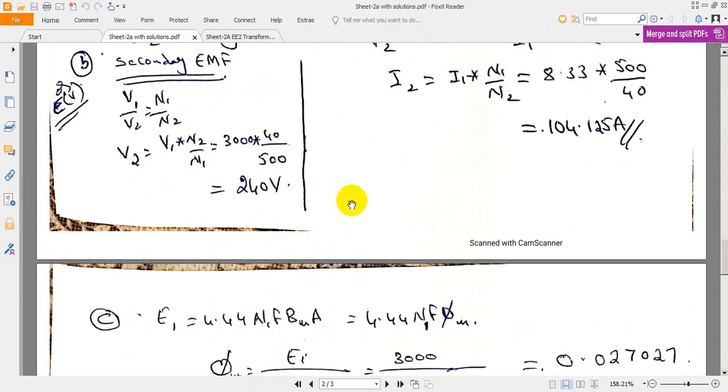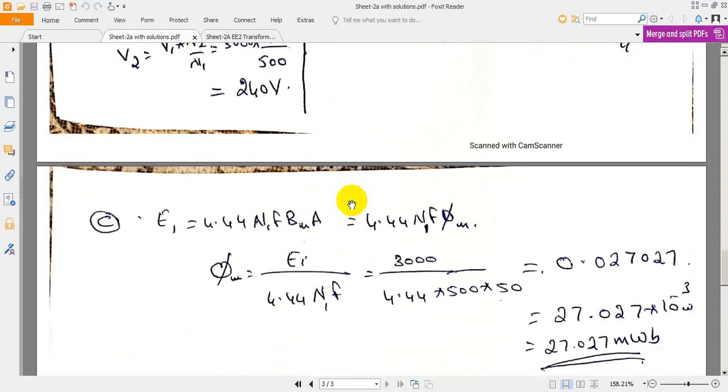Now the next parameter that we need to evaluate is the maximum flux in the core. E1 is given by the relationship between maximum flux or flux density and the induced EMF: E1 is equal to 4.44 N1 F Bm A. The product of Bm, flux density, into cross sectional area can be replaced as flux per pole.